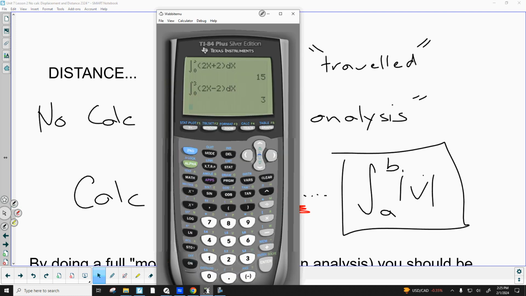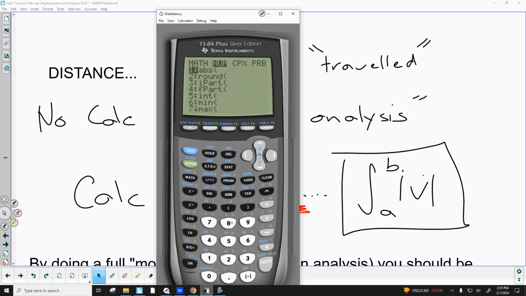Don't believe me? Let's go and see. The one problem, guys, about absolute values is they're not easy to just insert. So let's type in 0 to 3. Everybody in your calculator, you need to do this so you know what the absolute value is. Go to math, go over to num, there's abs.